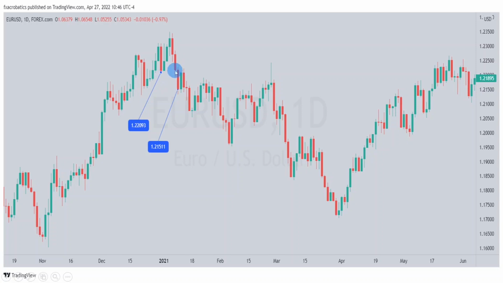There's a wick, so we ignore the wick. We are only interested in the close. So it did not close below the swing low. However, this one, the close comes in at 1.21511, which is now below, you see, 1.22, 1.21. This close is below the swing low here.